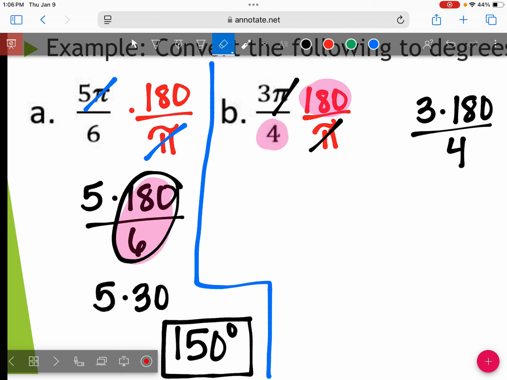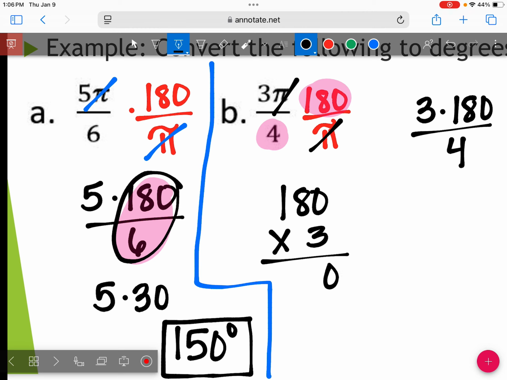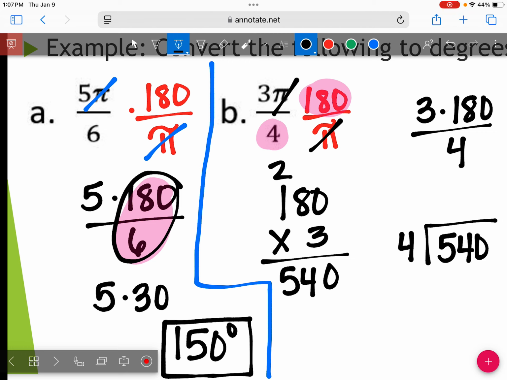All right, so let's take 3 times 180. So we got 0 times 3 is 0. 8 times 3 is 24. Carry the 2. So I have 540. Now I'm going to take the 4, divide that into 540.